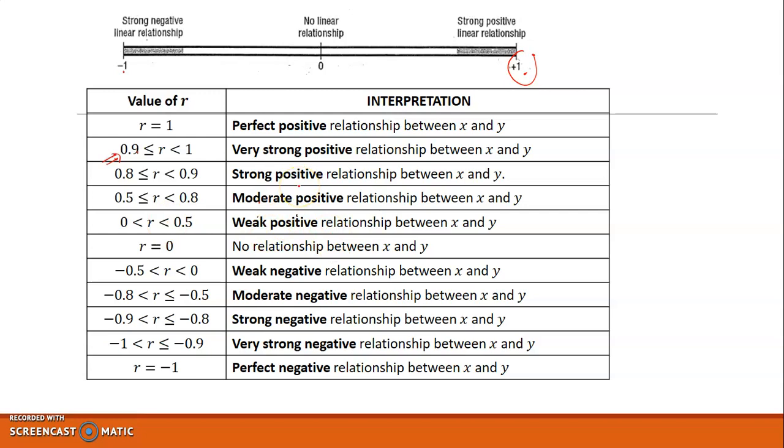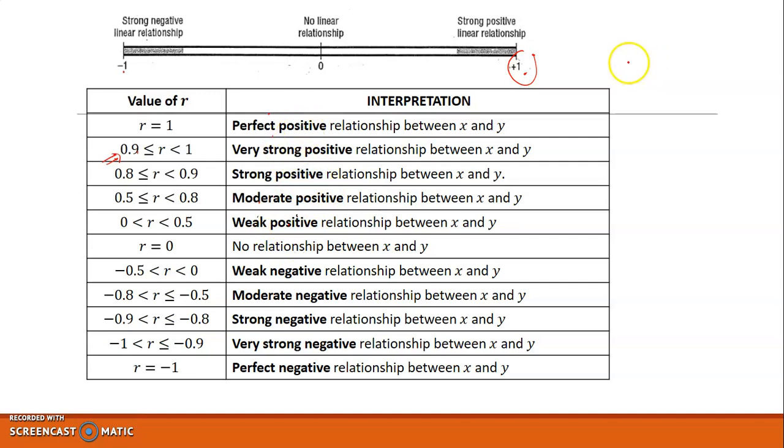Remember, the sign will indicate the kind of relationship, whether positive or negative, but the magnitude, the value, will describe the strength of the relationship, whether weak positive, strong positive, or perfect positive.